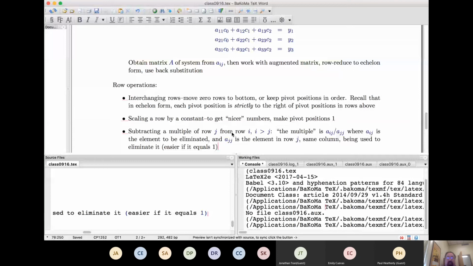That's why sometimes these other row operations might come in handy, to make this entry equal to 1, and so chances are it makes the numbers work out more nicely.